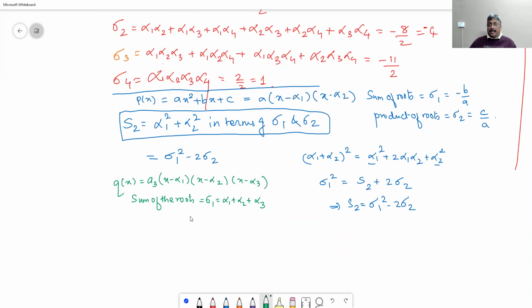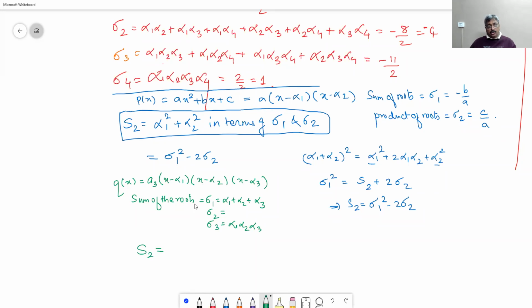Sum of 2 at a time is sigma 2. Sigma 3 is alpha 1 alpha 2 alpha 3. I'm not connecting it now to the a, b, c type thing. What I want is to find out S2 again.